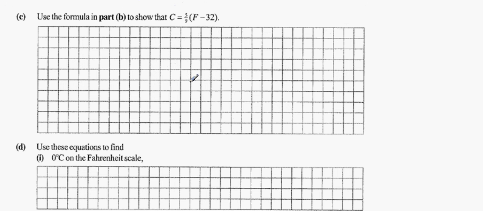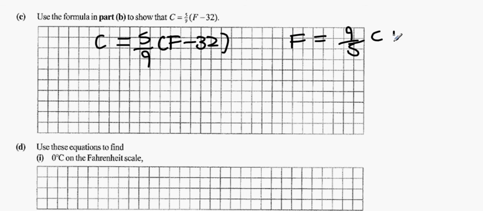Use the formula in part B to show that C equals 5 over 9 times F minus 32. So what we need to do is start off with the formula we just had, which was F equals 9 over 5 C plus 32.